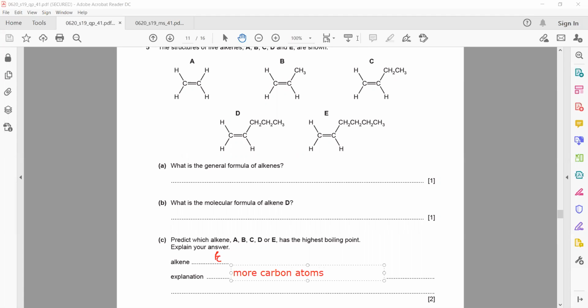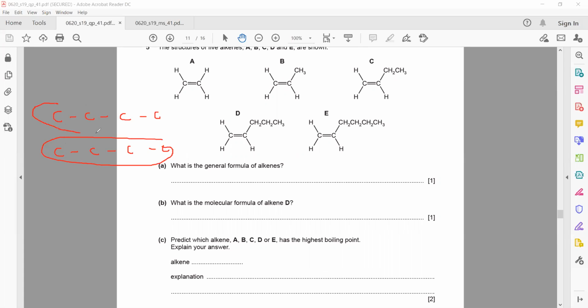Why does increasing the branches reduce the boiling point? Because it reduces the surface area. For example, if you have 4 carbon atoms in a straight chain, they can easily overlap with another molecule, so they can have a greater region where they can interact with each other. Surface area is more.